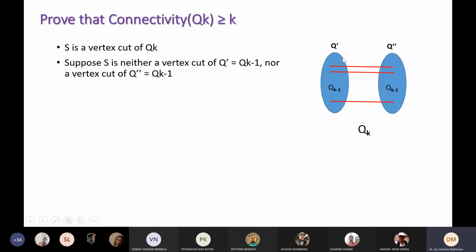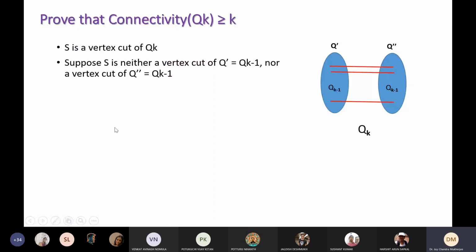Q prime is a hypercube of order k minus 1, and Q double prime is also a hypercube of order k minus 1.